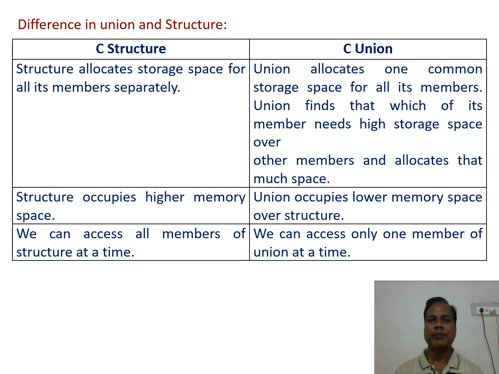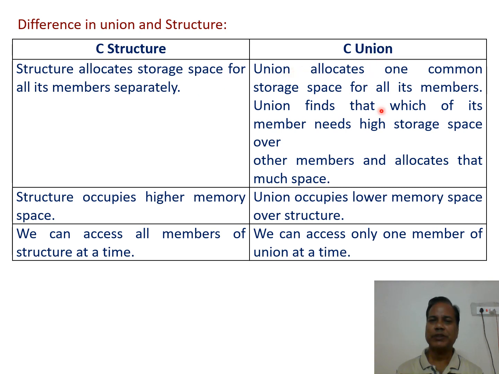Now let us see the difference between union and structure. In a C structure, a structure allocates storage space for all its members separately. Whenever we define a structure variable, separate memory locations are set aside for each of the structure members.